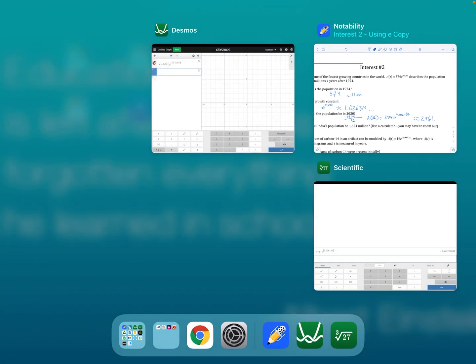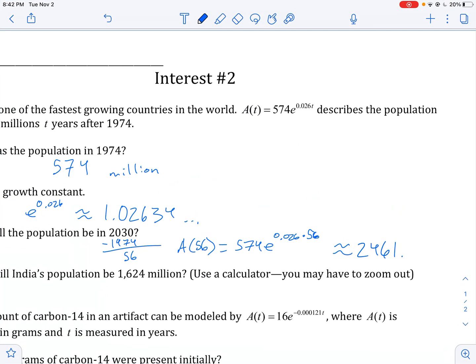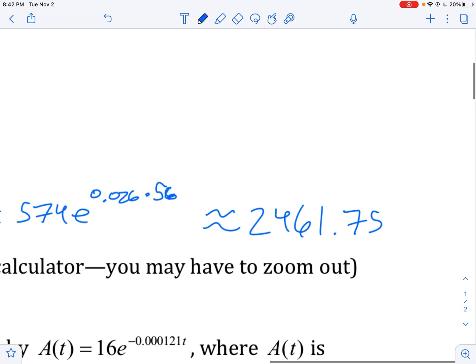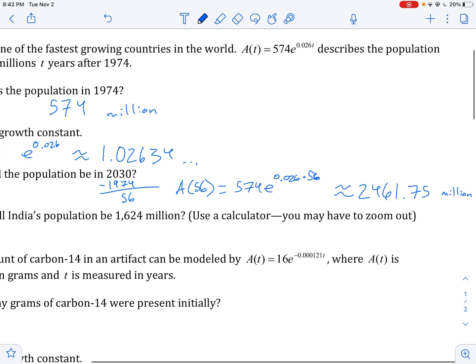We're going to round this off, 0.75. And that's the number of millions of people, by the way. So that's almost 2.5 billion people, so we'll put million people there. All right, so that's a good amount.